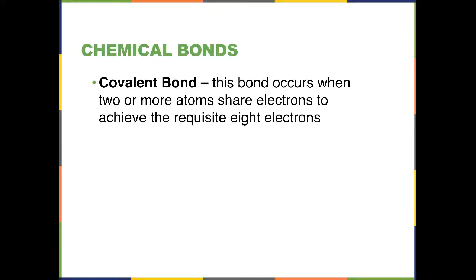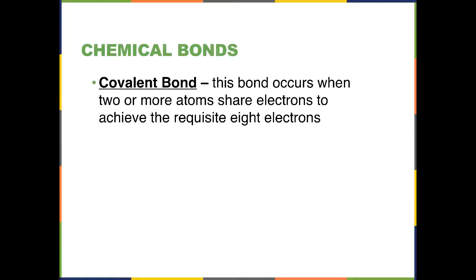The second type of bond is a covalent bond. In a covalent bond, the transfer of electrons is not absolute. Remember, in ionic bonding, there was a transfer of electrons from one atom to the other, and that was permanent and absolute.